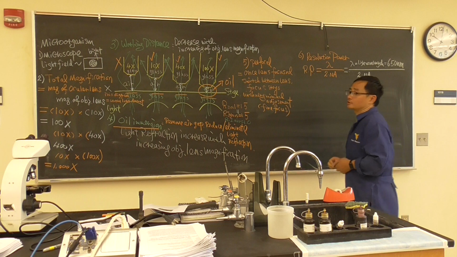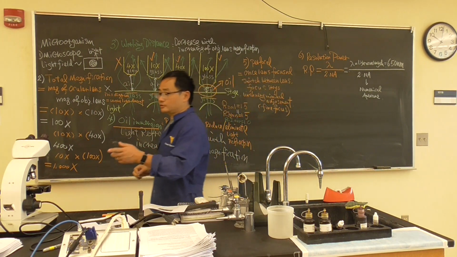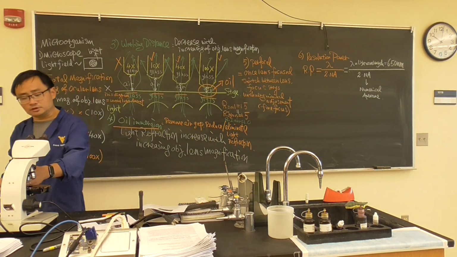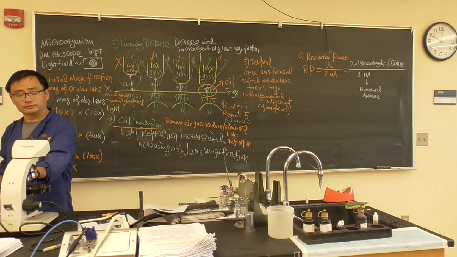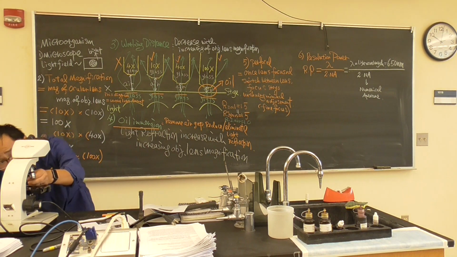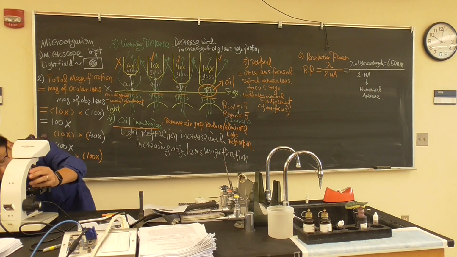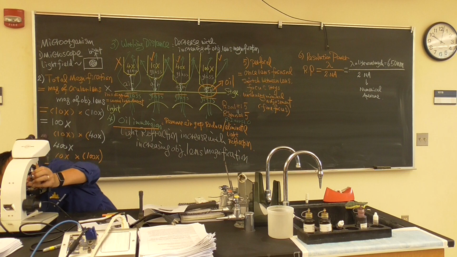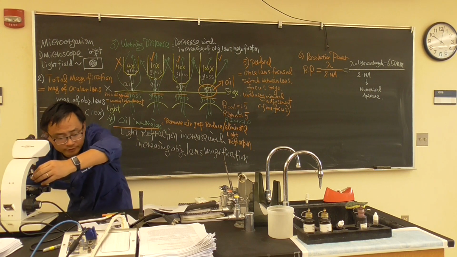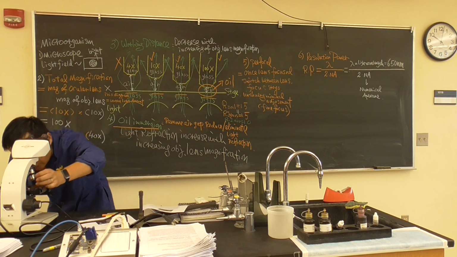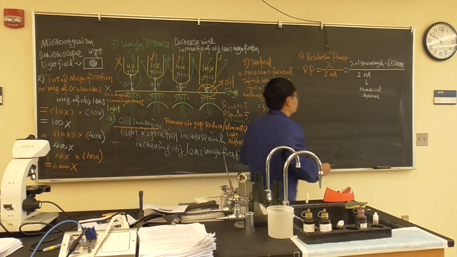What is that numerical aperture? If you do the observation, you see this white one, 100x. And if you look at it carefully, it will say 100x and 1.25.